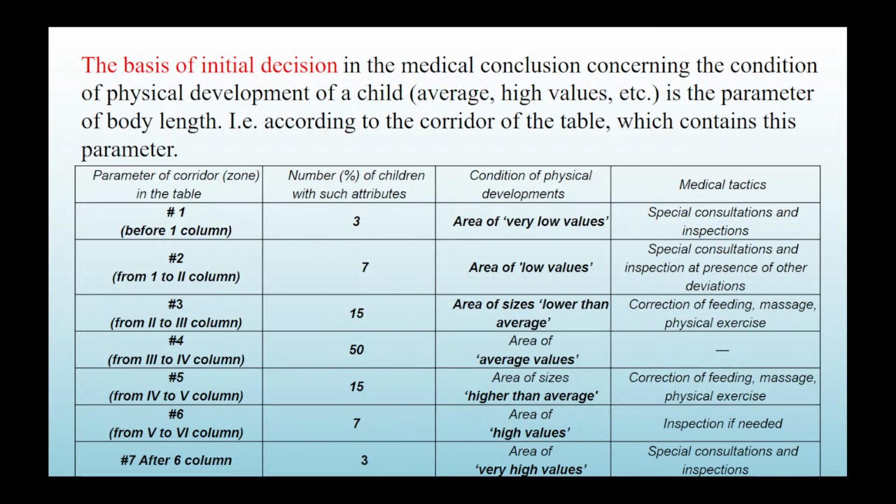You can see it includes 6 columns or corridors in the table, and the corridor between both of these parameters.